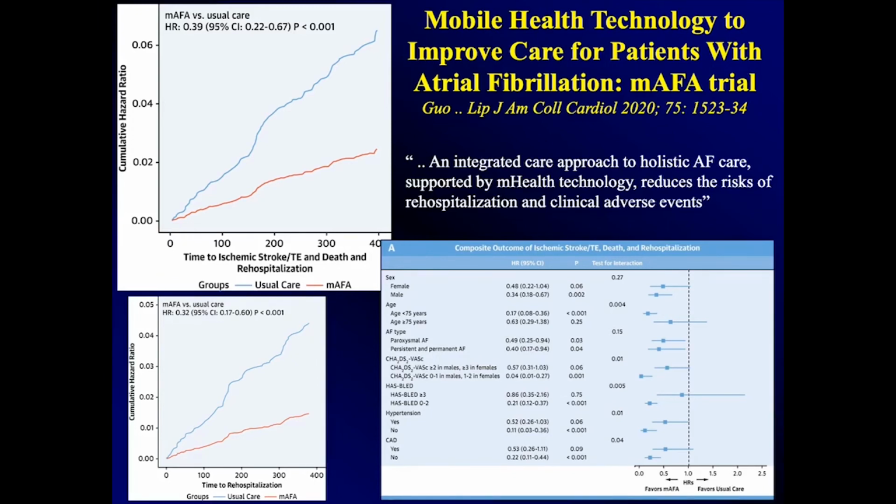The hazard ratio was 0.39, and this was clearly statistically significant. The principal secondary outcome was hospitalizations. This was also reduced by over 65% in favor of the active intervention with the mAFA app with the ABC pathway compared to usual care.